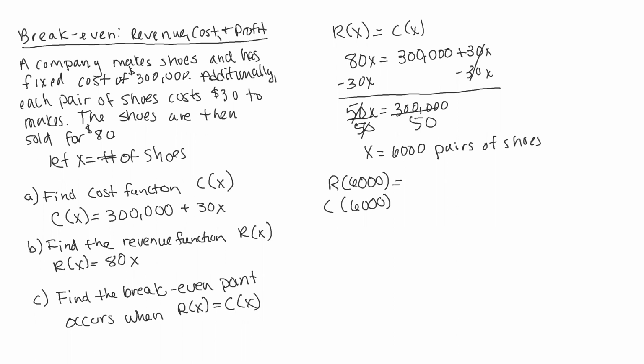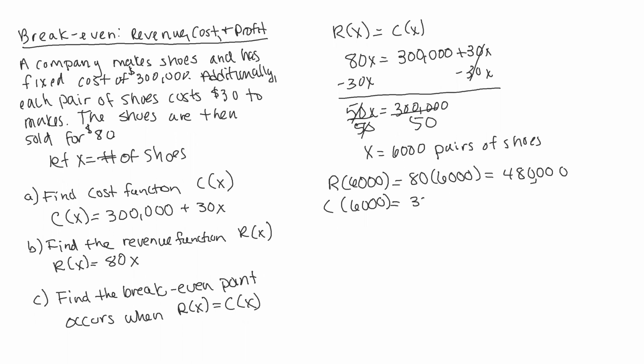So if I take R of X, that's going to be 80 times X, which is 6,000. All right. So 80 times X of 6,000 is going to be 480,000.